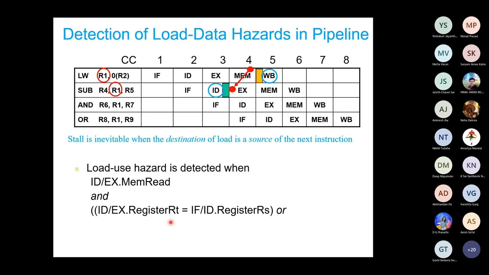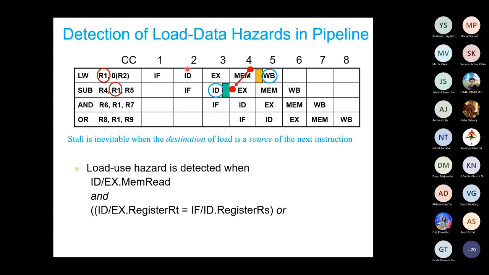So IDEX register RT should equal IFID register RS. You can recognize right here whether these two are a load followed by another instruction which uses it. We want to recognize the occurrence of this event earlier. We are not waiting for here, because all this information is already copied here, and is going to pass from one stage to another.